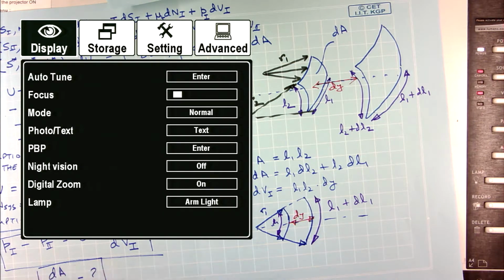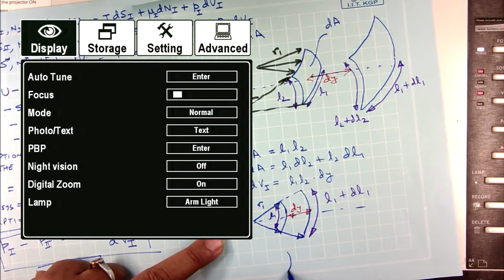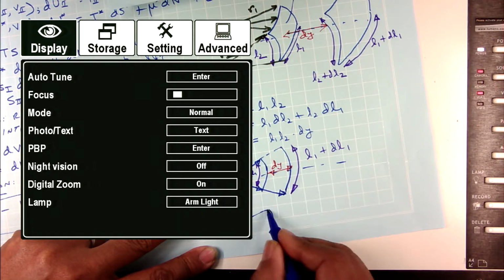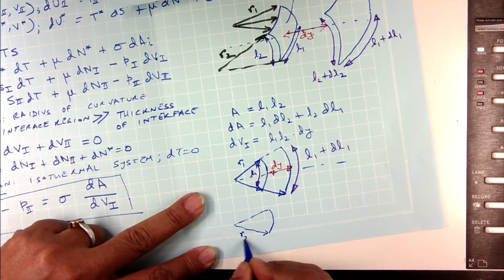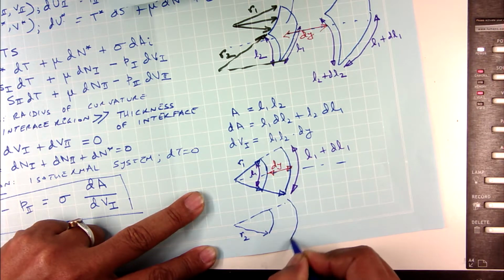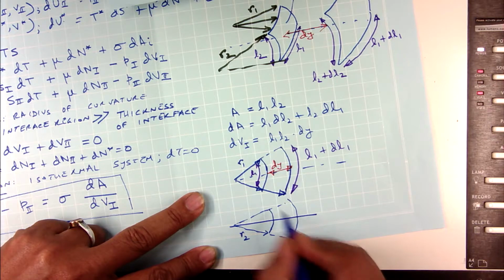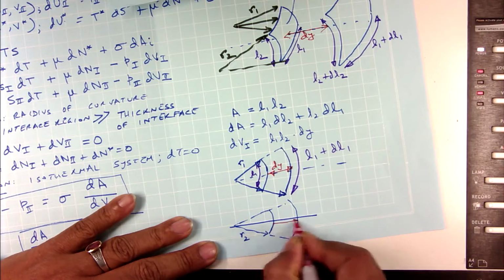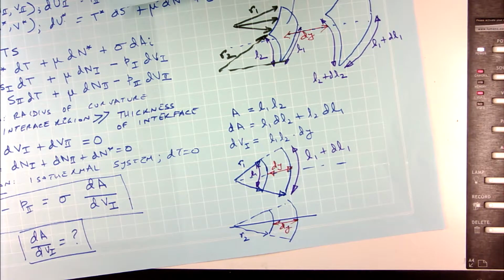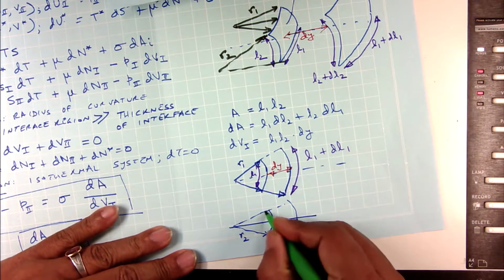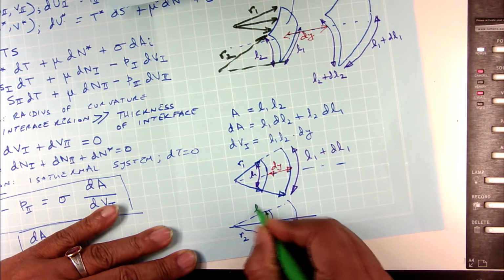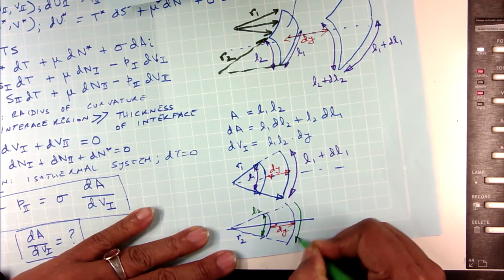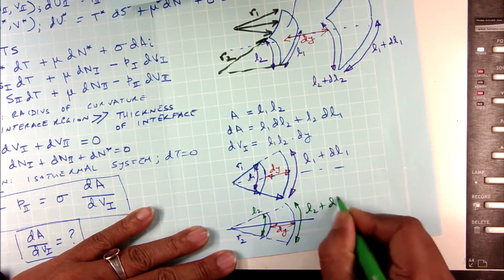Similarly, if I look at it from the side, well, it was radius of curvature R2, it has moved by a distance dy, and this one was L2 and now it has become L2 plus dL2. You all with me on this?